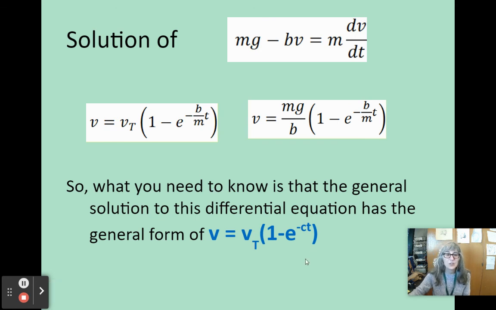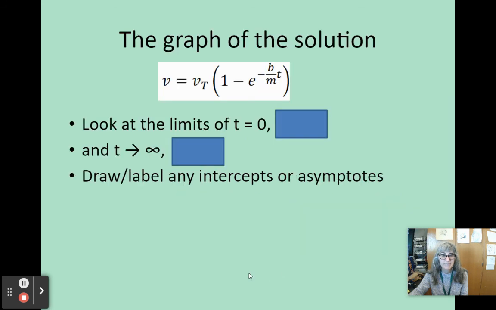And here we go. So the general solution of this differential equation has the form of v equals vt times 1 minus e to the minus something t. So now let's look at the graph of the solution. If we look at the limits, if t equals 0, then e to the 0 is 1, which means that v is equal to 0.